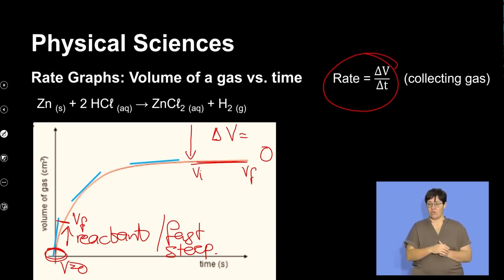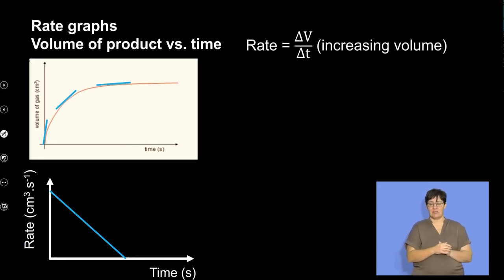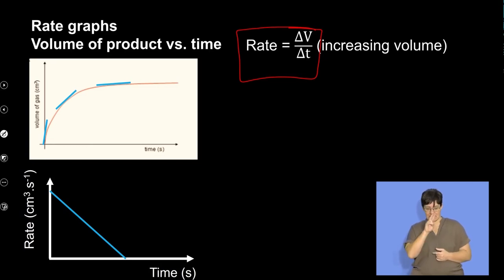So if we look at the plotting of this, with an increase in volume, even though it is a positive rate expression, we will still see that we have a negative gradient, starting from your high positive to your 0.